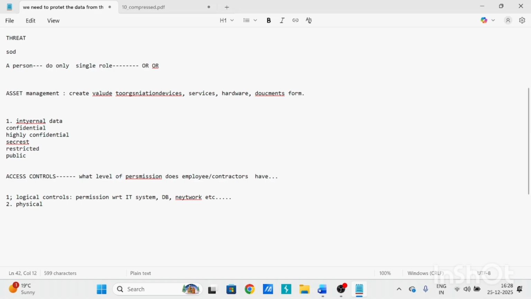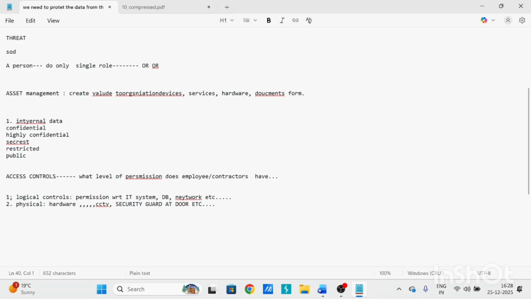But in physical controls, hardware access is required. For example, we have CCTV and a security guard at the door. These are some examples that come under physical.